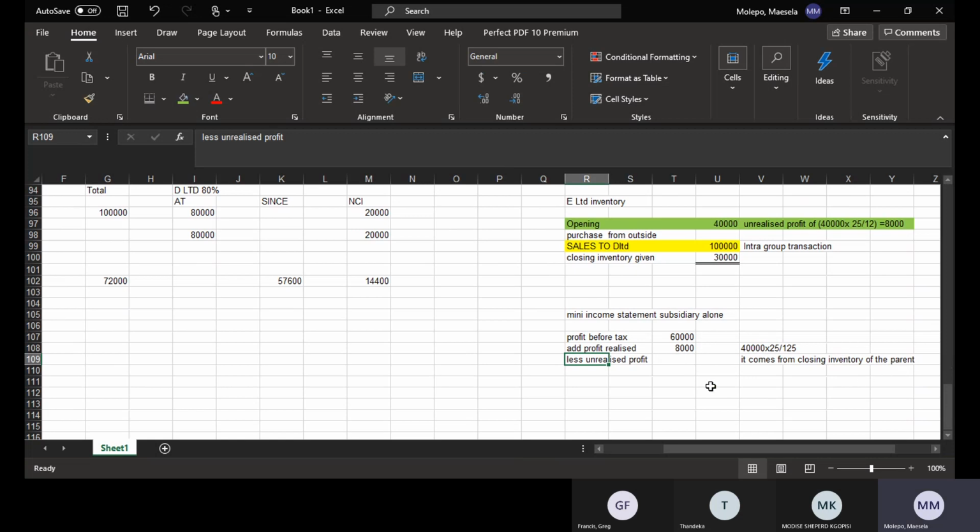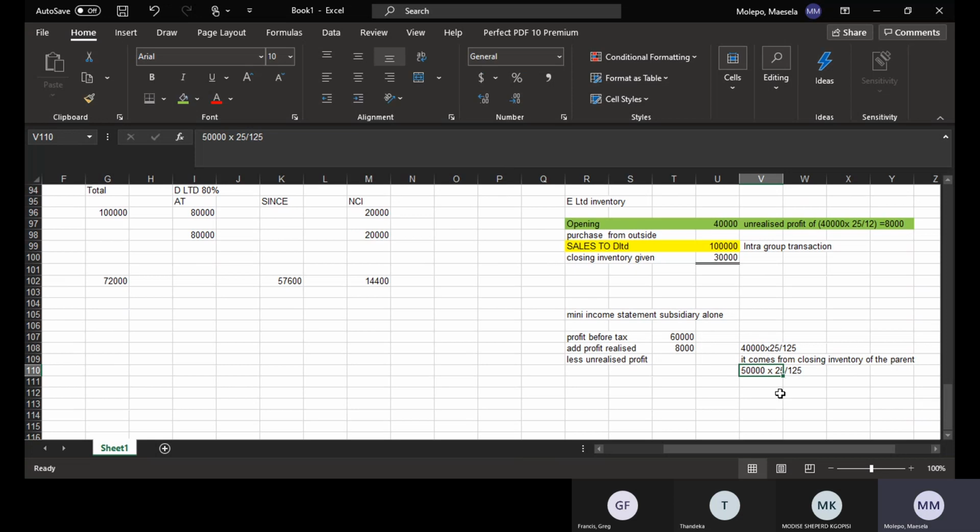Our closing inventory of the parent was sitting at 50,000. So it will be 50,000 multiplied by 25, divided by 125.